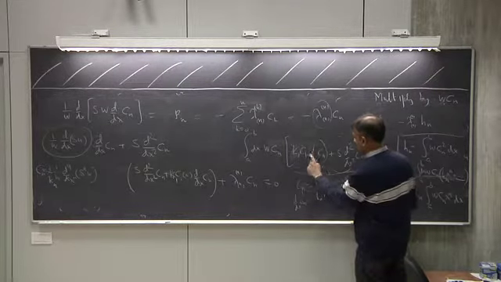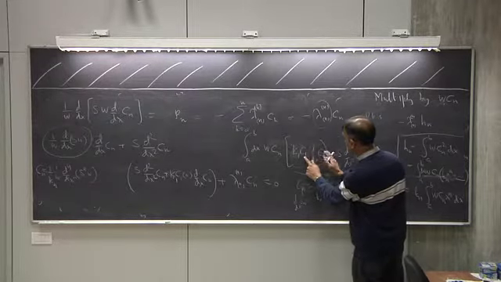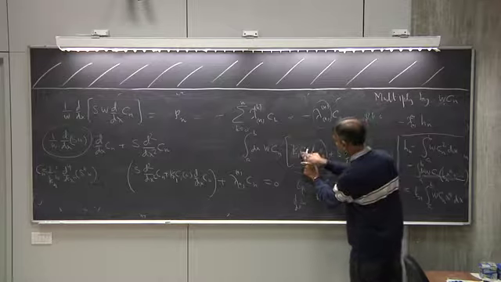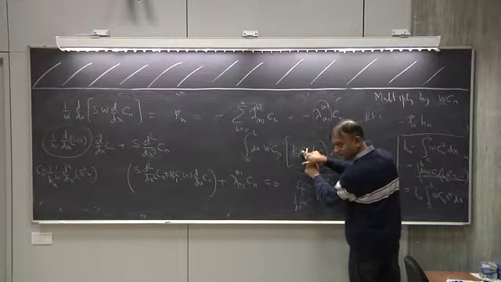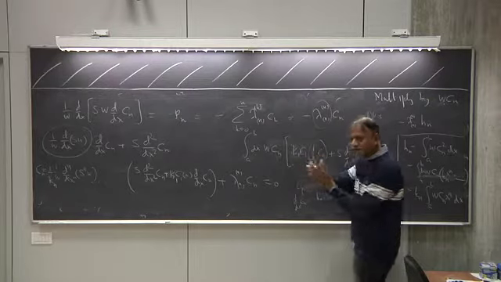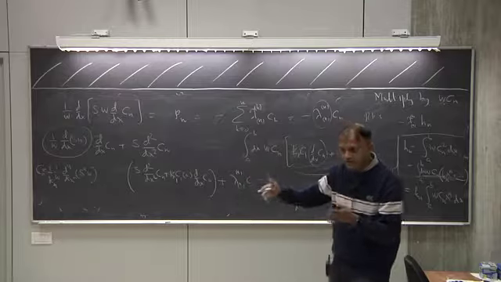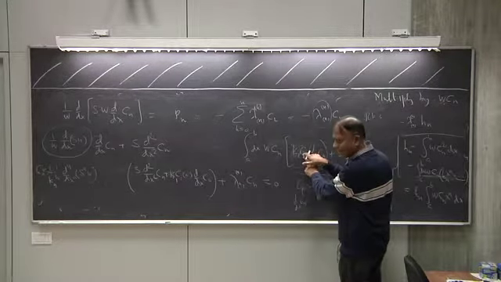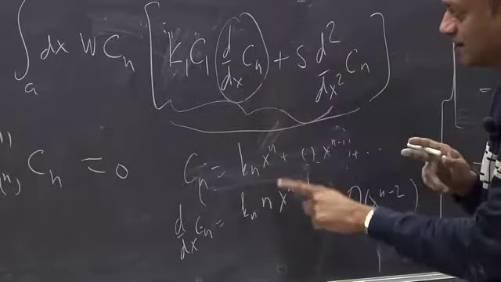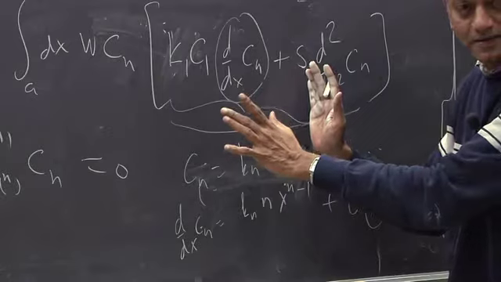But this is linear in x, okay? So I'm forced to take the linear term, the coefficient of x from here. C1 may in general be not just x, it may be x plus a constant, right? But I need to only take the x term from here, and the x to the n minus 1 term from here. That's the only way I can get x to the n, right?